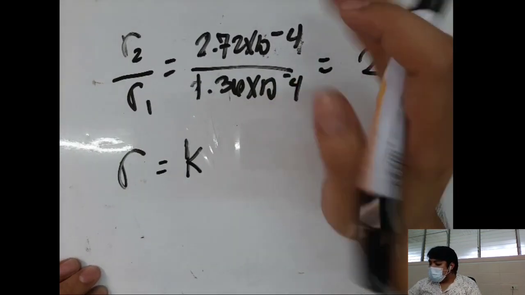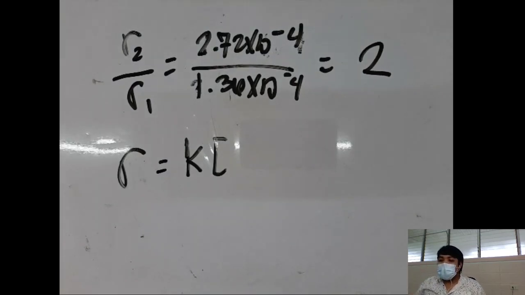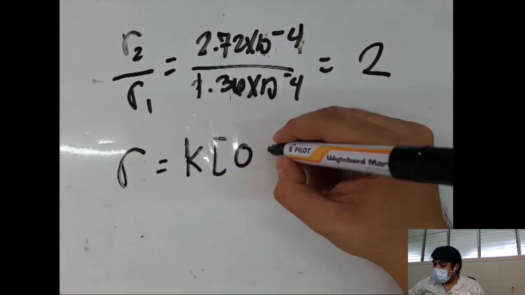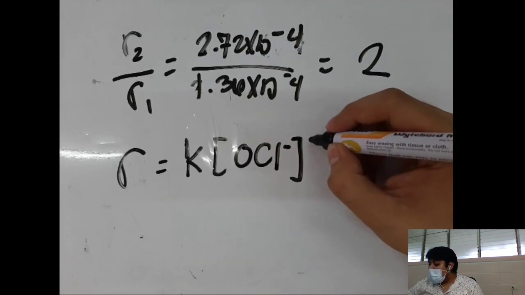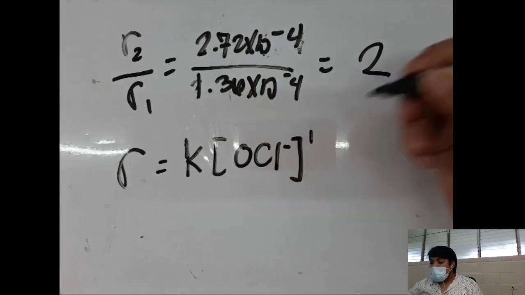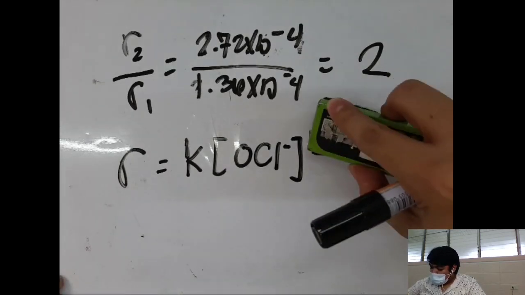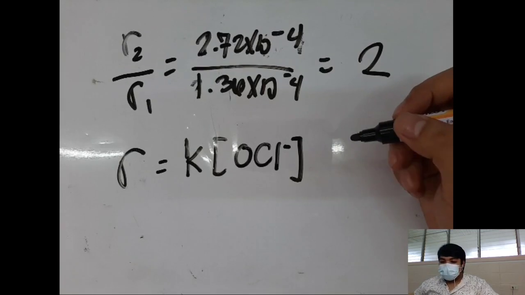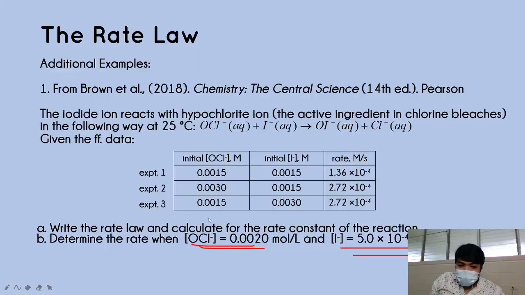So since the rate increased by the same magnitude as the increase in the hypochlorite concentration, that means the reaction is first order with respect to hypochlorite. Since we don't put an exponent of 1, it just stays that way. But we're not done yet.